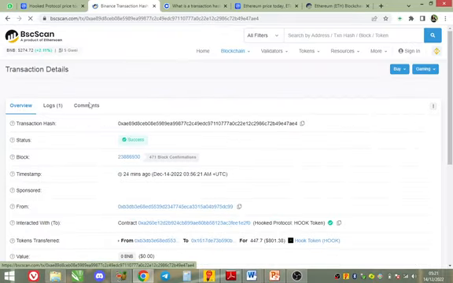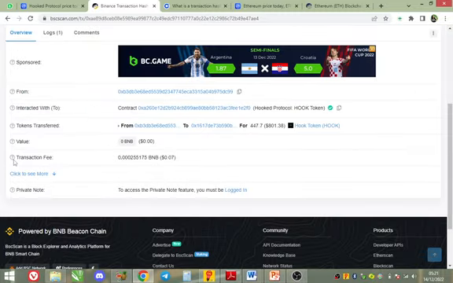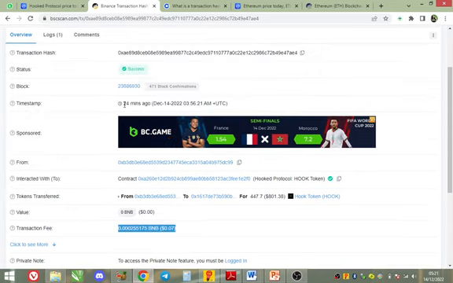Now you can see the transaction fee that was paid in this is just 0.0002 BNB, which is worth 0.07. Now you can see the timestamp it took.